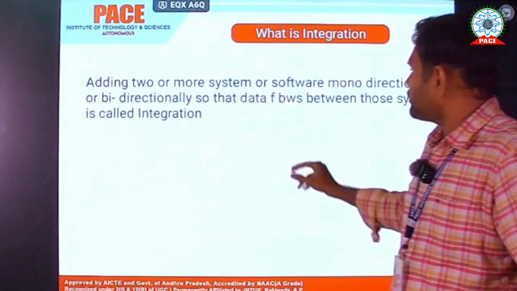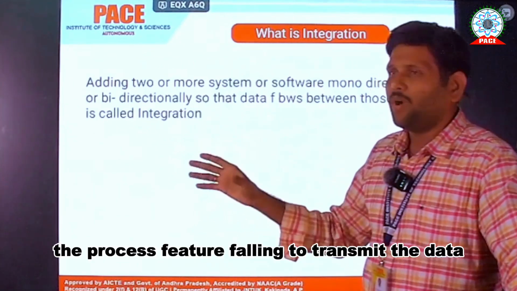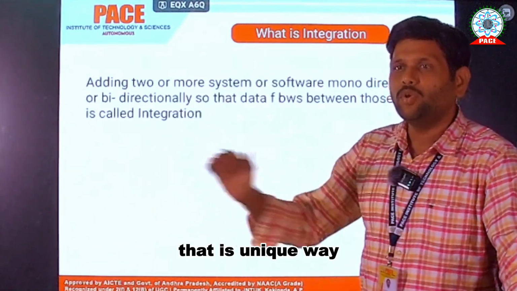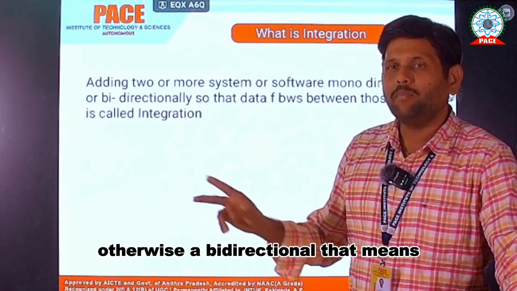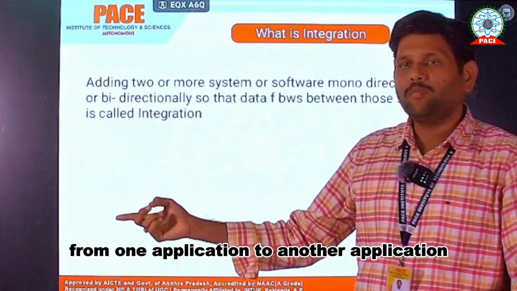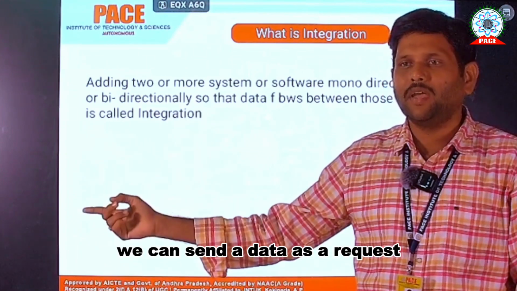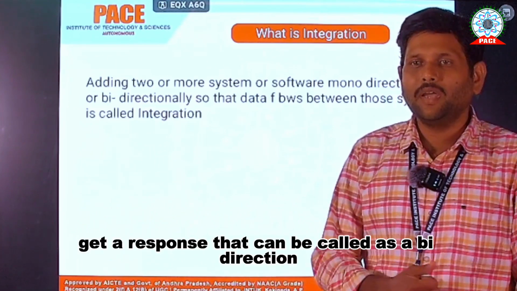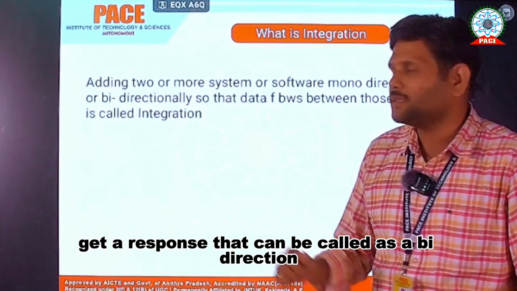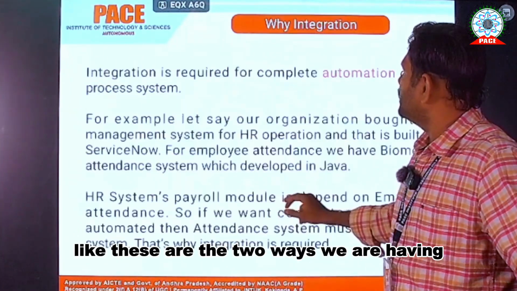The process can be unidirectional, from one application to another application, or bidirectional, that means from one application we send data as a request, and the source also gets a response, which is called bidirectional. These are the two ways we can develop.